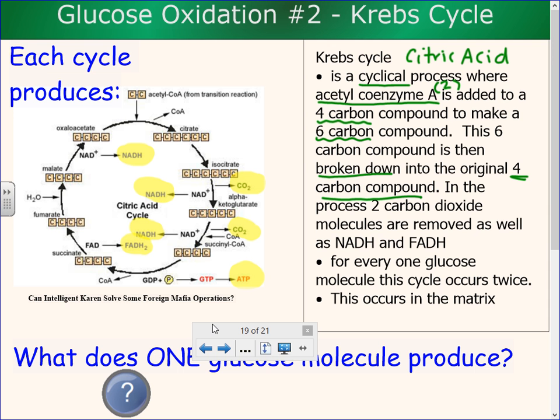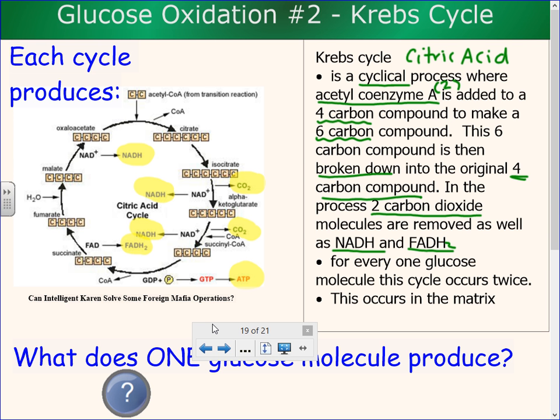In the process, I get some carbon dioxide molecules, I get some NADH, and I get some FADH. Now technically FADH is FADH2. There's two hydrogens. And I don't like to focus on that because it makes people think that something has to happen twice.